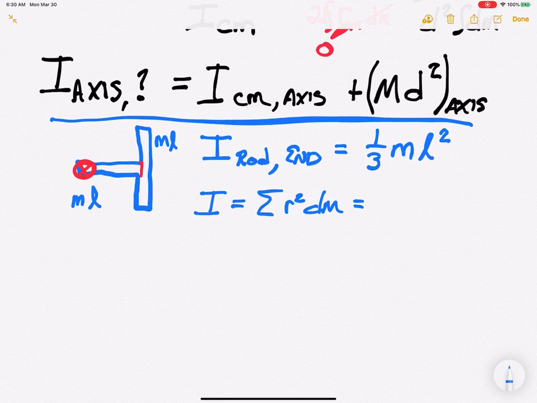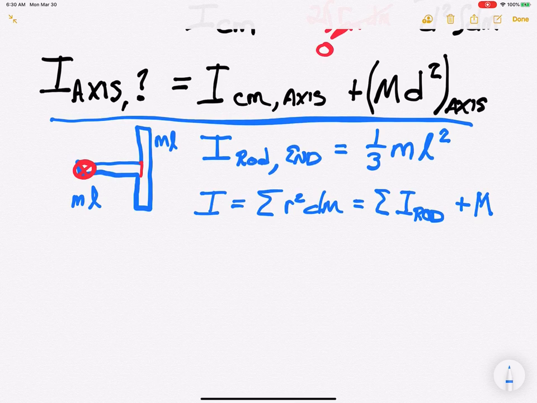And what we get then is I'm going to be summing up the I of the rod plus the mass of the other rod.